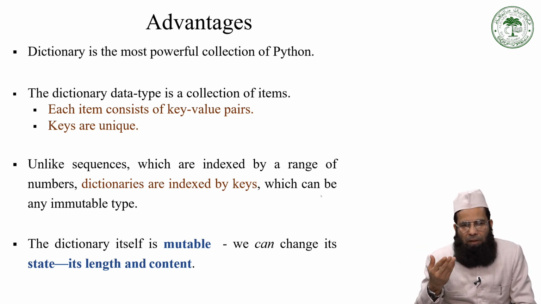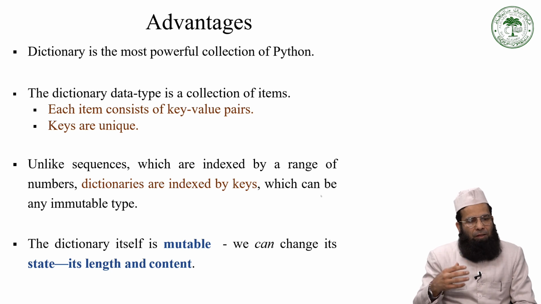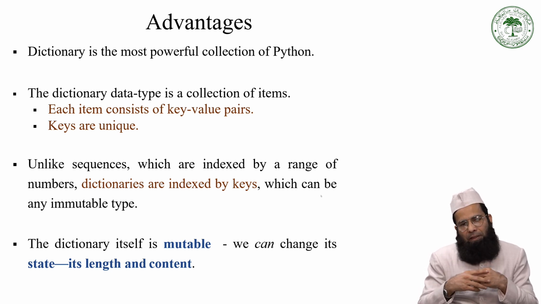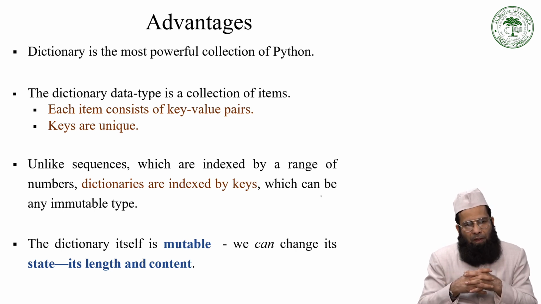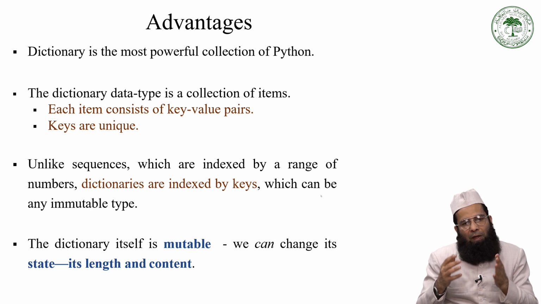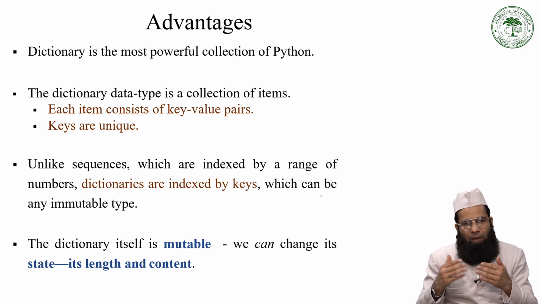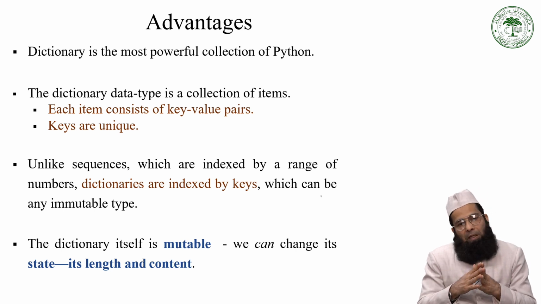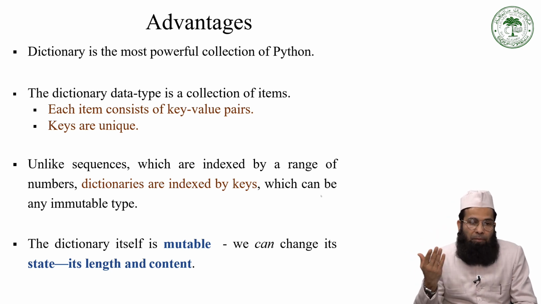Unlike sequences, unlike list, tuple, and string, which are indexed by range, so you can access individual elements of a list, tuple, and string using an index, dictionaries are indexed by keys. So if you want to access individual elements, you will access them using the keys only, which can be any immutable type, like a tuple or a string.